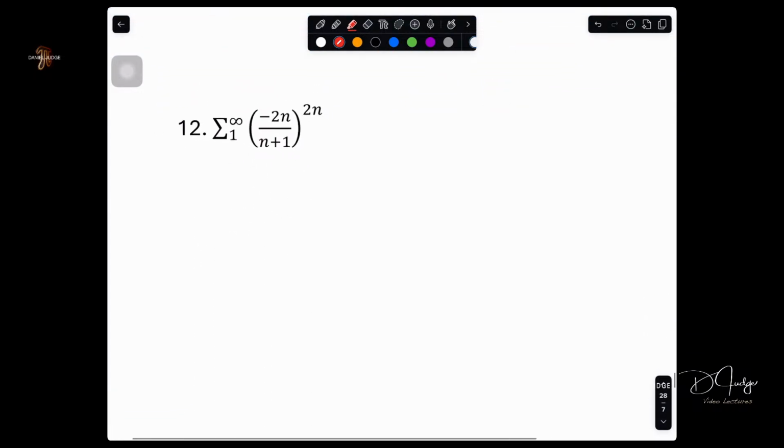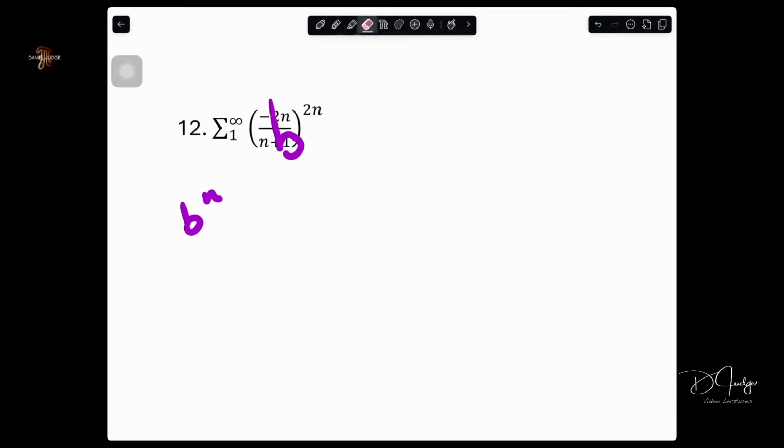Okay. This is root test as well, because we have a term. Our term is of the form b to the n. This is like the b, if you want to think of it. And you say, what about that 2? Well, I can do some algebra there as well. You're going to see what I'm talking about.